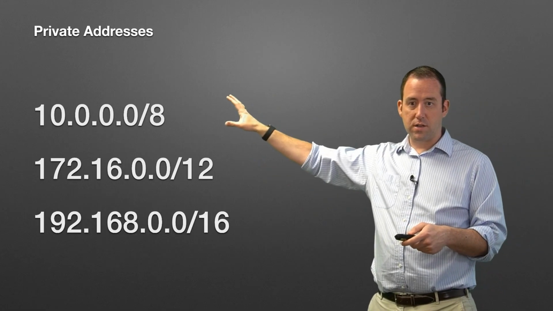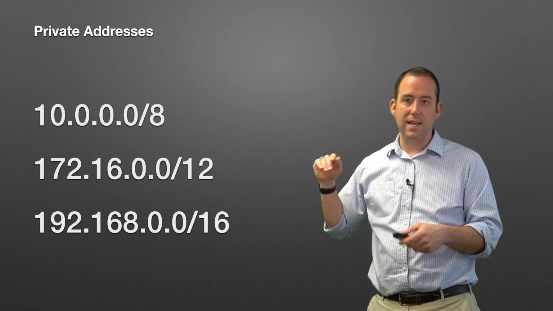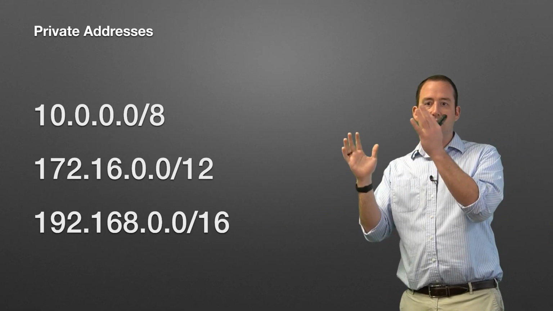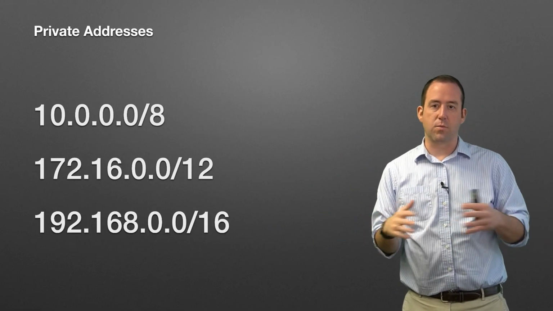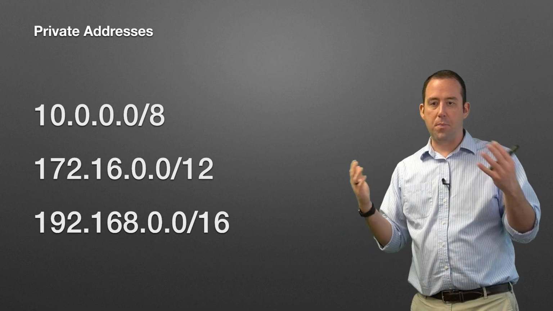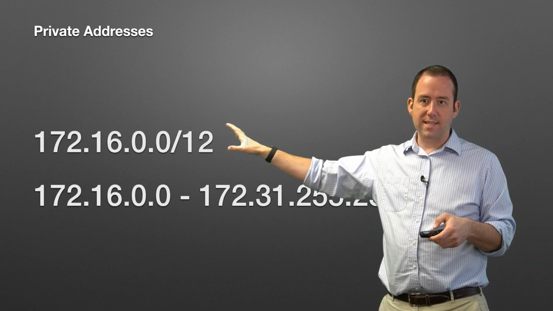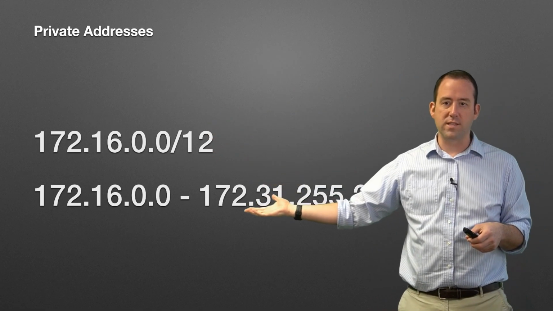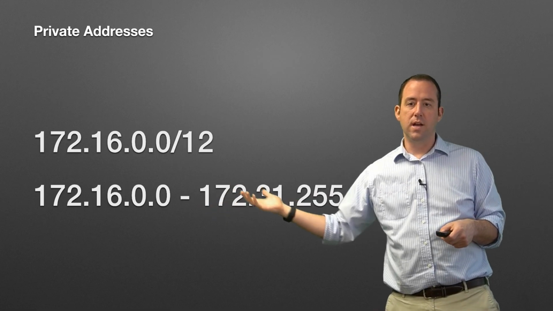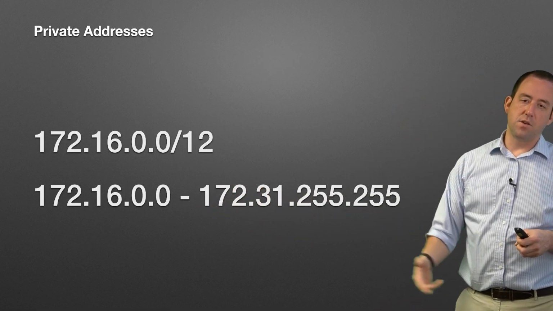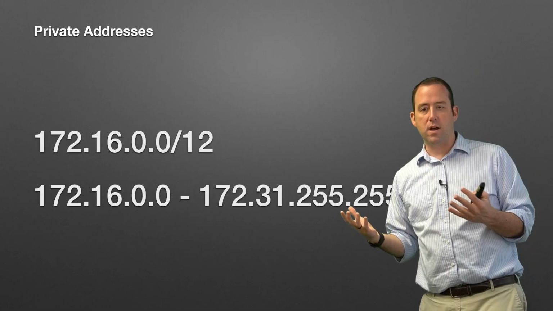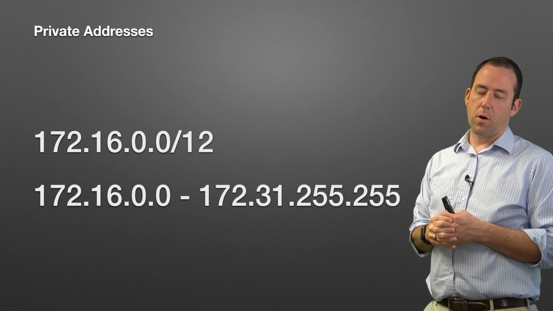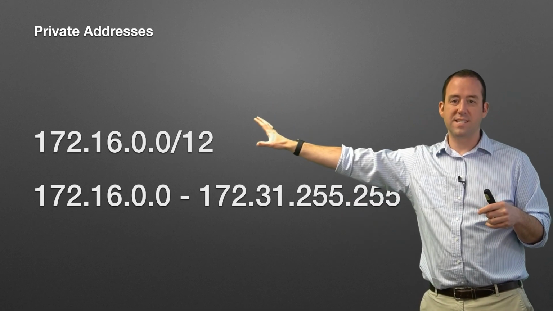But these ranges, you'll notice /8, /12, /16, because of those slashes, there is a range of addresses, a range of networks that are a part of that. For the 172.16.0.0/12, what that means is everything from 172.16.0.0 through 172.31.255.255 is a part of that subnet.